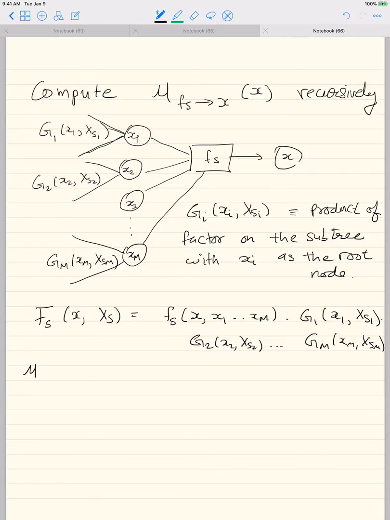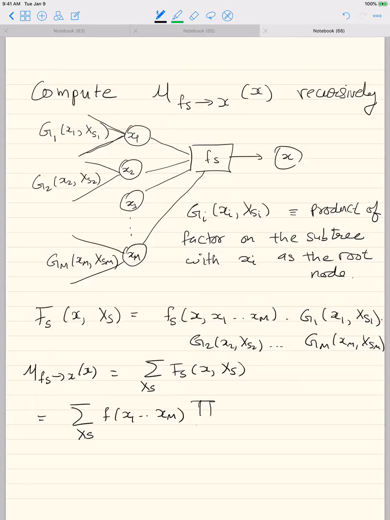So now when we consider mu of fs to x, we are going to sum over xs. This was the definition from the previous page. If we substitute for fs, we have f of x1 to xm times this product, xsi, g of xi, xsi.